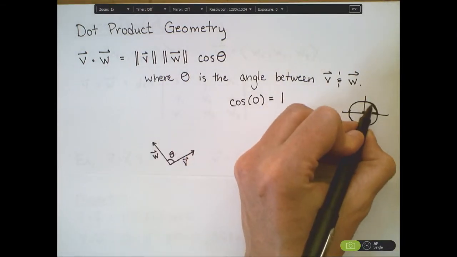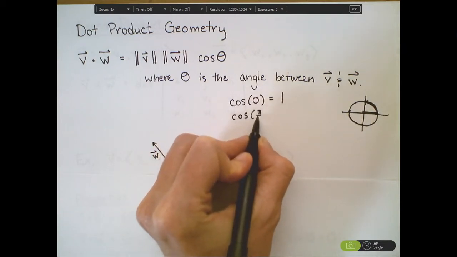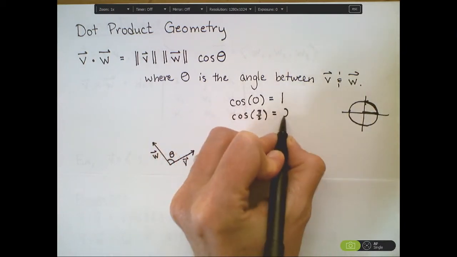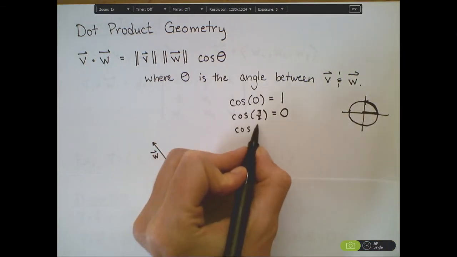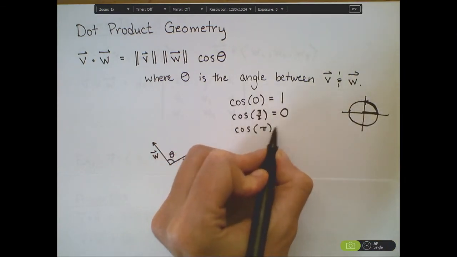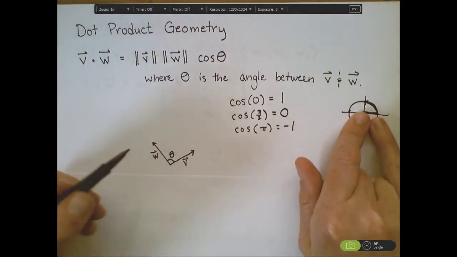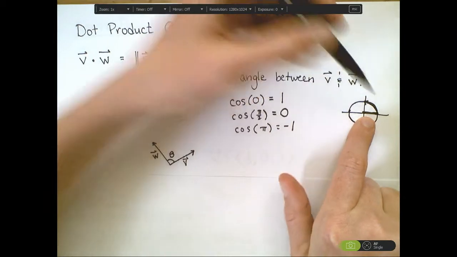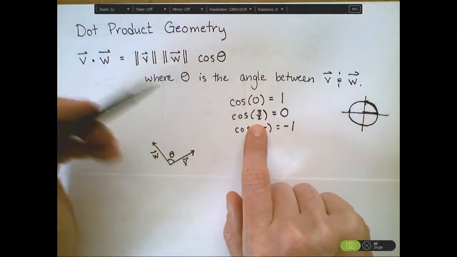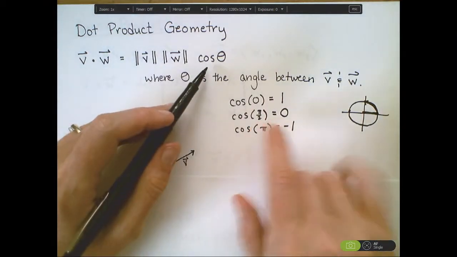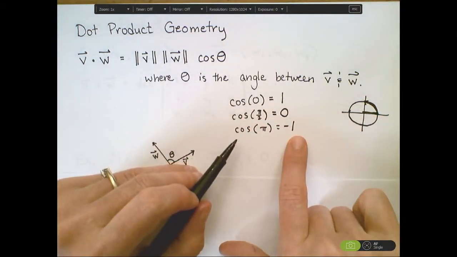When I get up to an angle of pi over 2, the cosine of pi over 2 is 0, and if I continue around, the cosine of pi is equal to negative 1. So that means that for acute angles, for angles between 0 and pi over 2, my dot product is going to be positive. But for obtuse angles, my dot product is going to be negative.